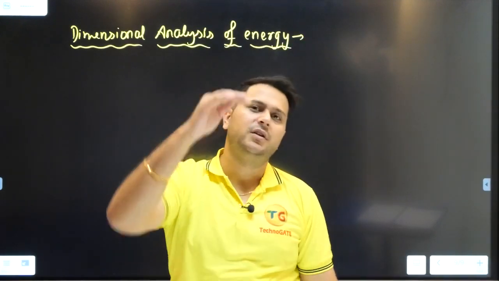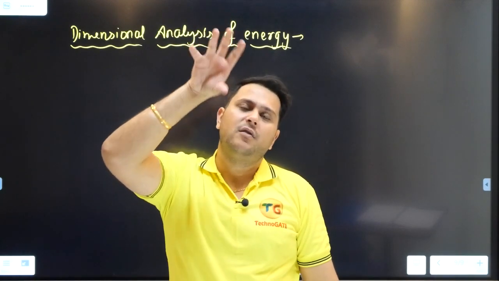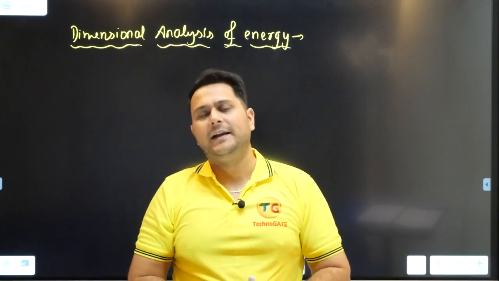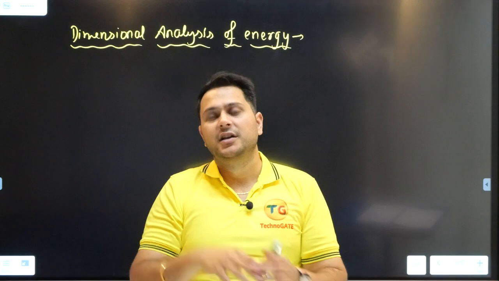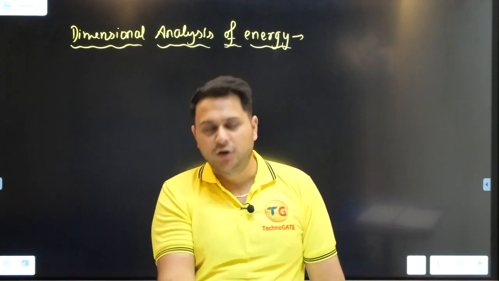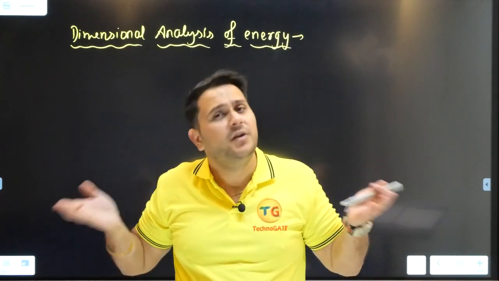When we allow the water to fall from this height, the energy which was stored in the form of potential energy is then converted into what? Your kinetic energy. And then that kinetic energy is used to rotate your turbines, which are present at the bottom of the dam. And when the turbines rotate, your electricity is produced.